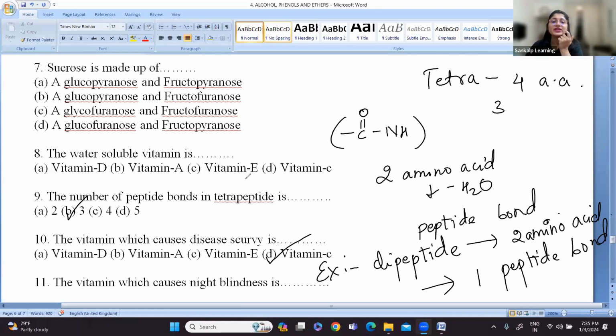Your gums will start bleeding, your teeth will get loosened, and there will be bleeding under your skin. So how is the treatment? Vitamin C. You can take vitamin C through different diets.